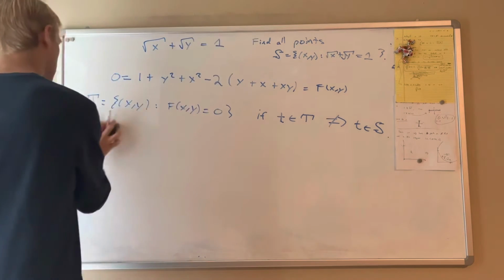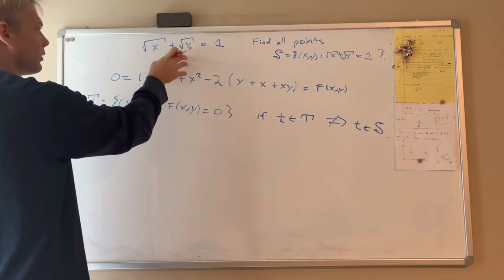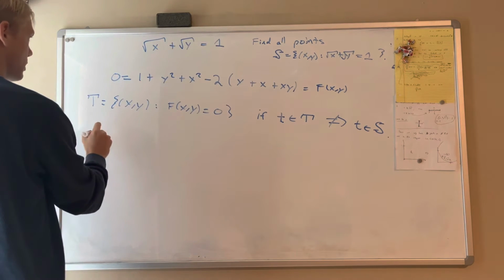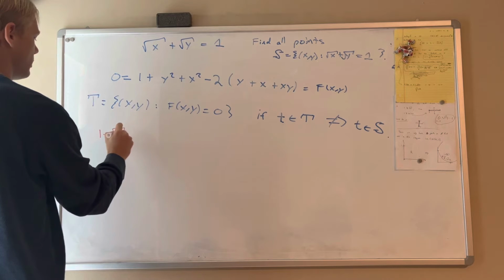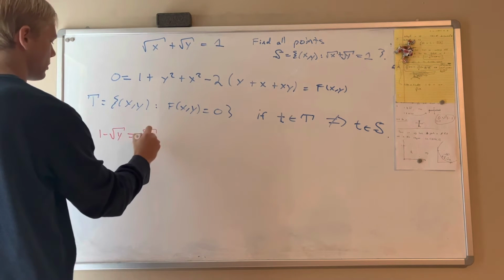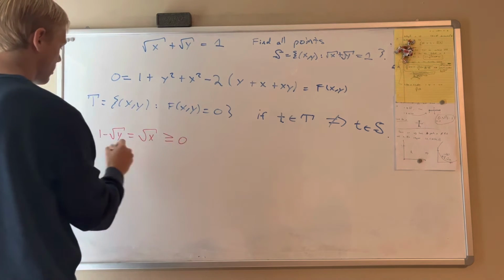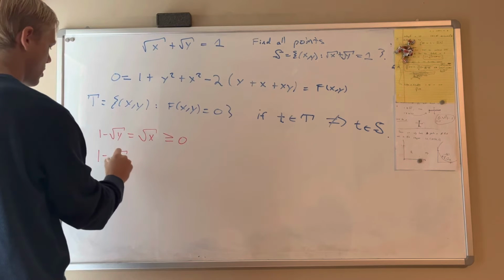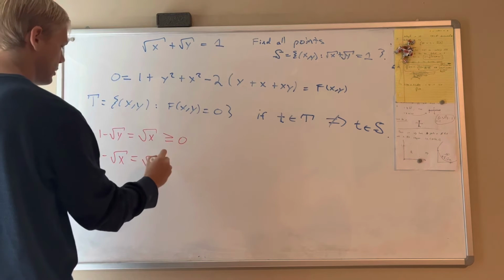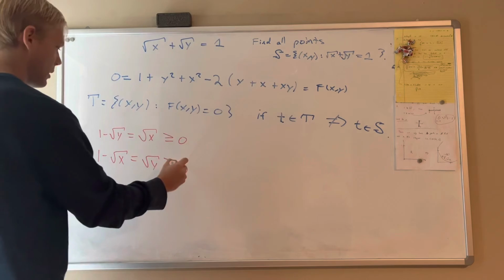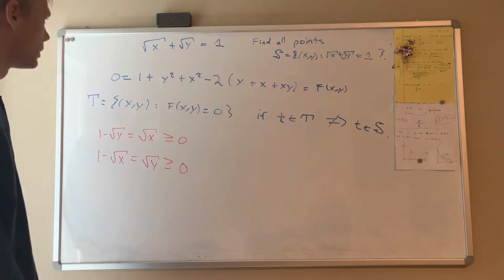Let me rewrite it. If you rearrange this equation, we know 1 minus root y is equal to root x, which should be greater than or equal to 0. And the same for y. And that must be true for all x.